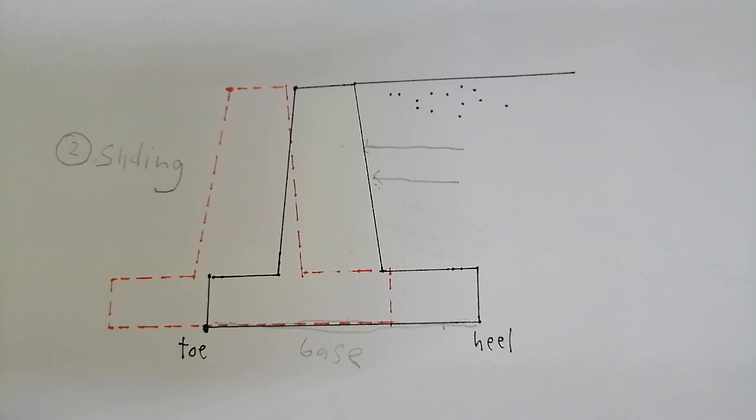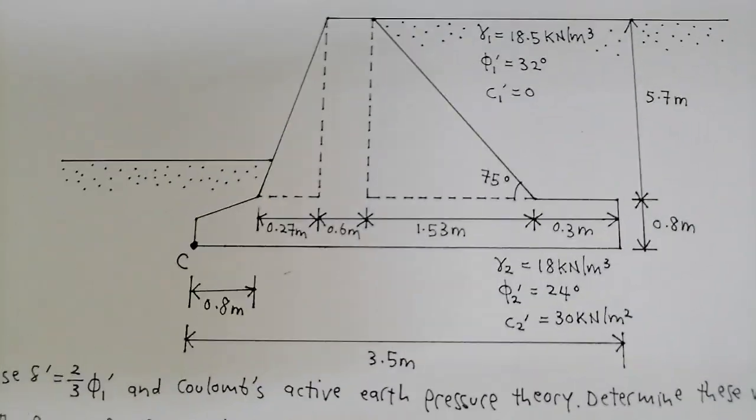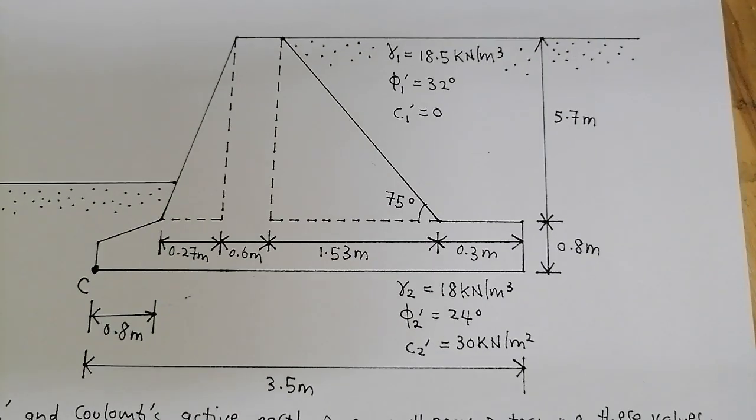Okay, so enough with the theory. Now let's move on to the example that we will do today together, hopefully. Okay, so this is the retaining wall. And I just want to make a note here.